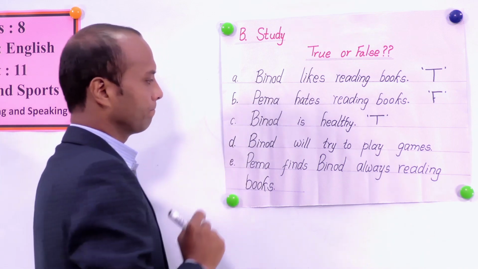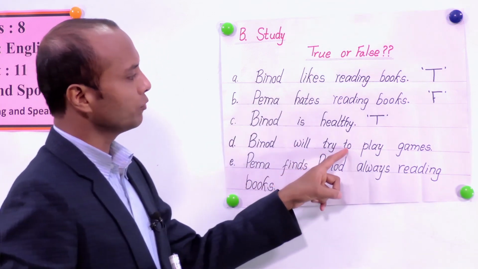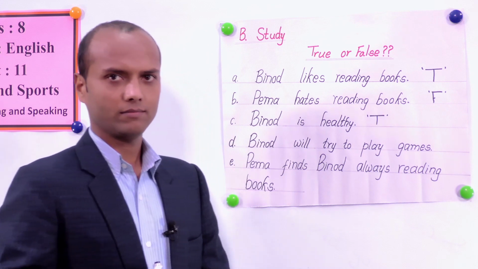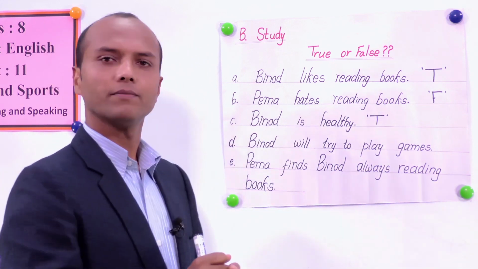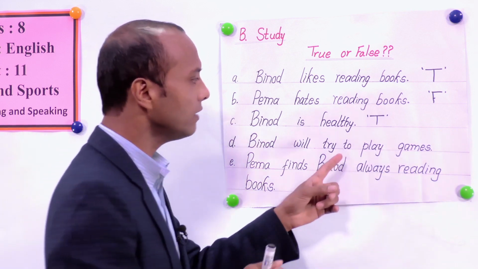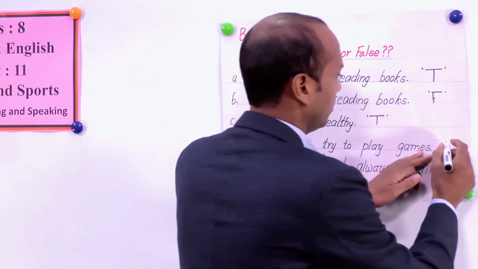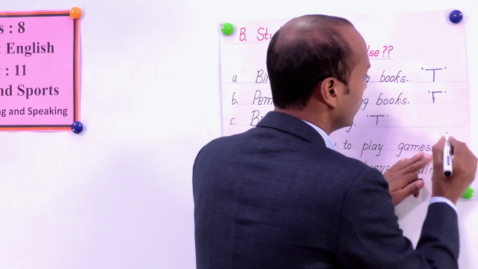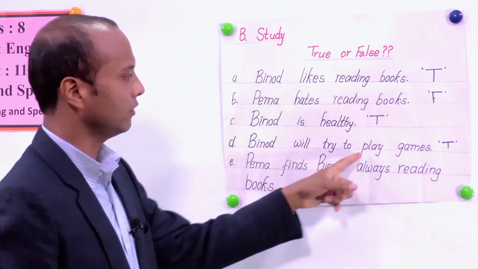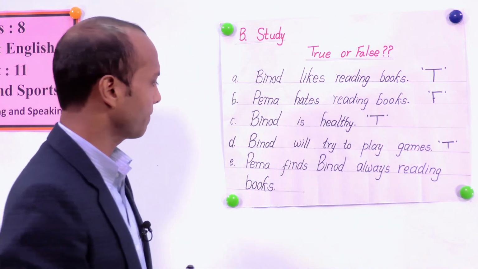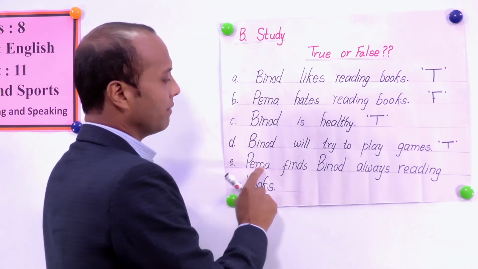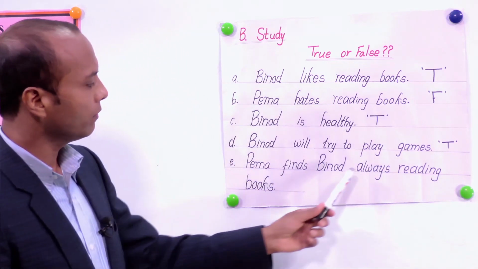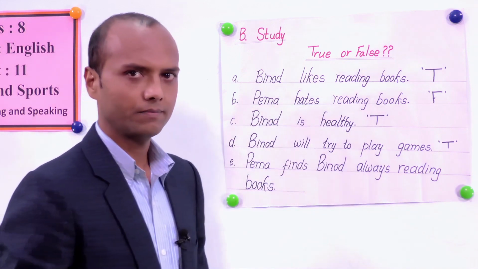Number D, Binod will try to play games. Is it true or false? Yes, it is again true. Okay, finally, Binod is convinced that he has to play games. Last sentence, number E is Pema finds Binod always reading books.